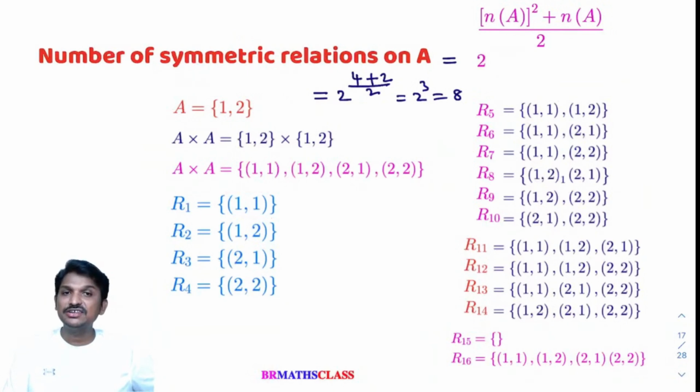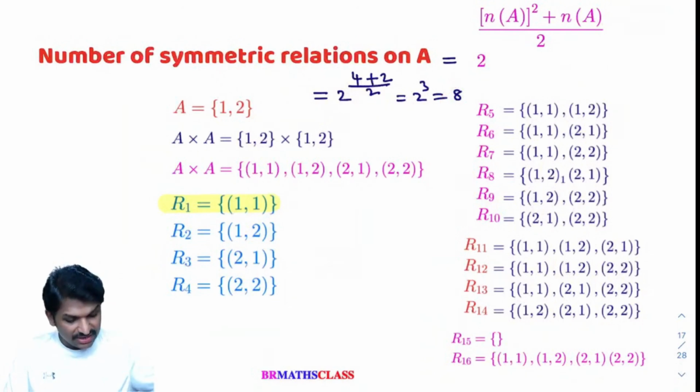When we say a relation is symmetric, you take ordered pair x comma y. Is y comma x there in that relation or not? You need to check. This type of element always satisfies the symmetric condition. So R1 is a symmetric relation. Total 8 symmetric relations you will get.